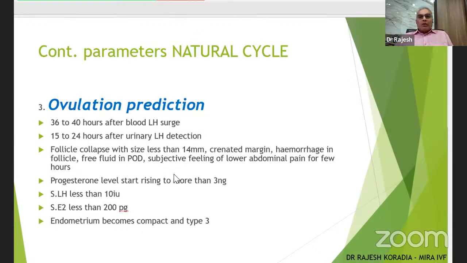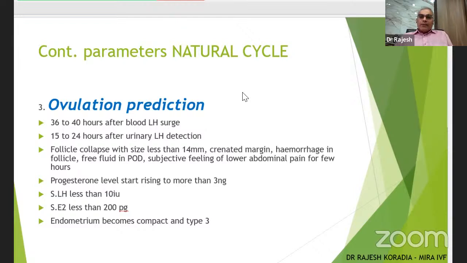How to predict ovulation? Ovulation occurs 36 to 40 hours after the blood LH surge and 15 to 24 hours after urinary LH surge detection. If you do a sonography, there is a follicle collapse with size less than 14 millimeter, crenated margins, hemorrhage in the follicle, and free fluid in the pouch of Douglas.